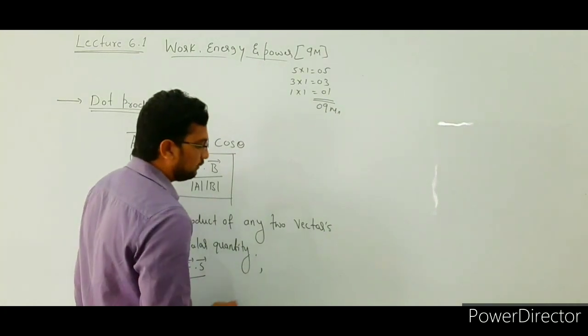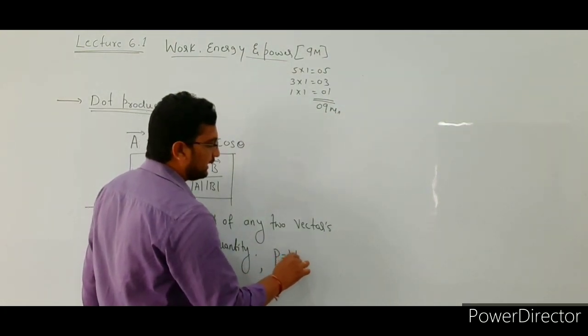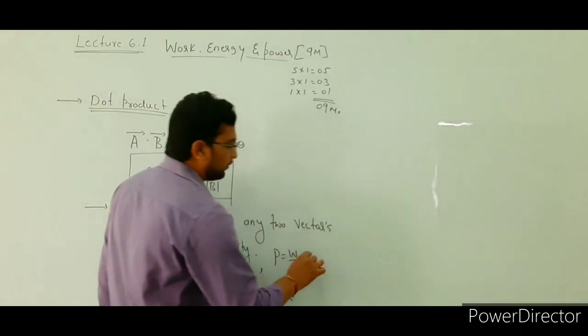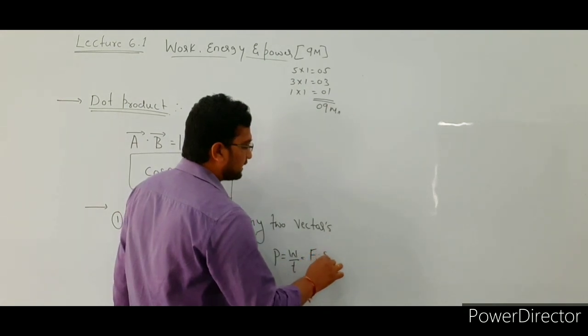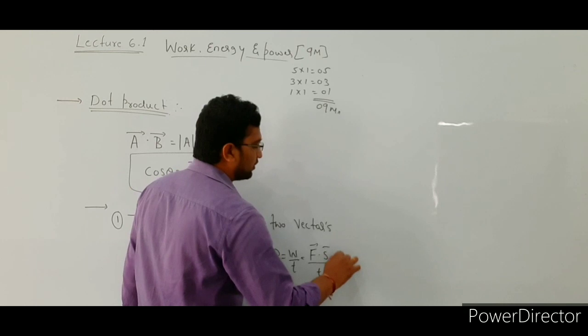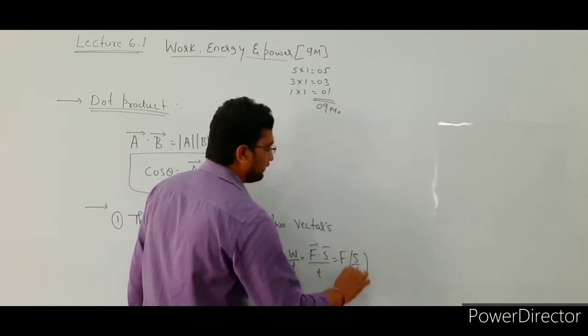One more example, see here, the power is equal to work by time. Work is nothing but force into displacement, divided by time. Force as it is, and displacement by time is nothing but velocity.